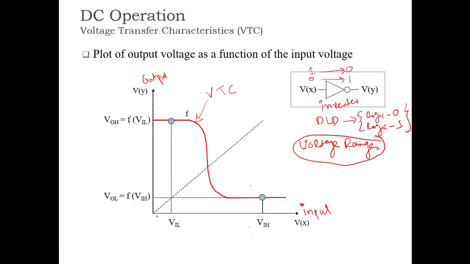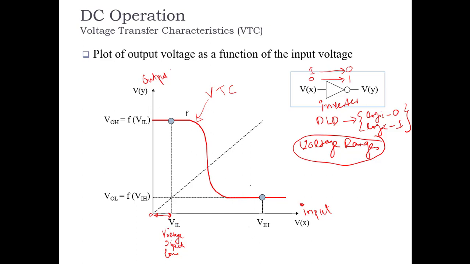So when I give a 0 as an input to the NOT gate, the 0 should be between 0 volts and VIL volts, where VIL means voltage input low.